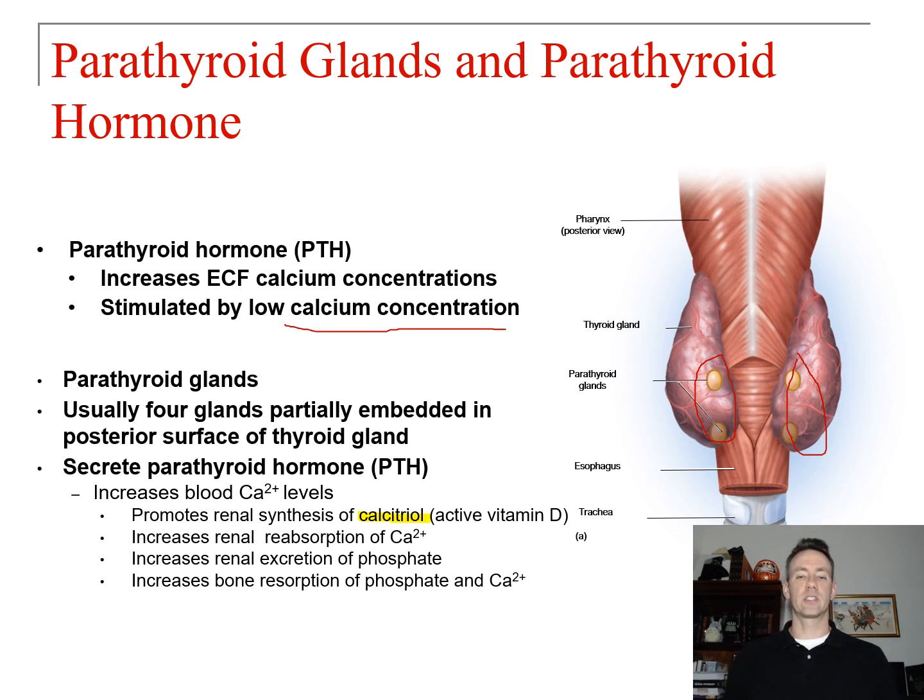It converts vitamin D to its active form, which acts synergistically with the parathyroid hormone in increasing calcium levels. It increases renal reabsorption of calcium, so we don't lose or excrete that calcium in the urine. And then it will increase renal excretion of phosphate.